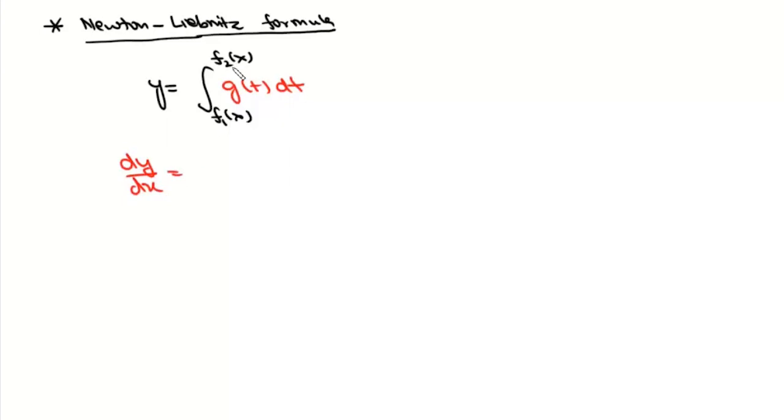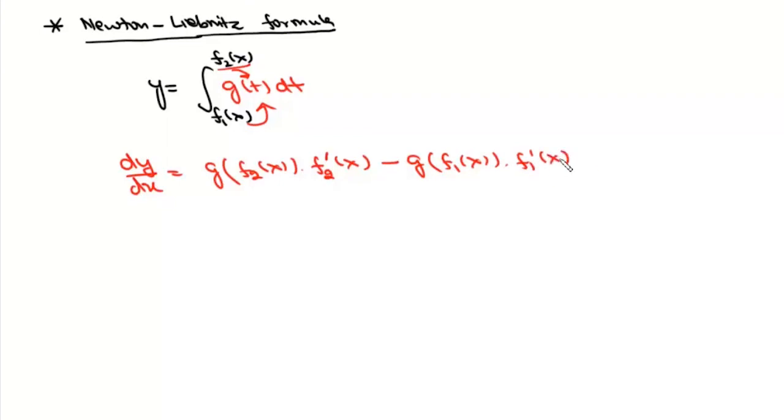now here the upper limit is f2 of x. So we'll put this upper limit here. So it will be g of f2 of x into the derivative of the upper limit, so into f2 dash x, and then minus, in the same way, the lower limit g of f1 of x into the derivative of f1 of x.